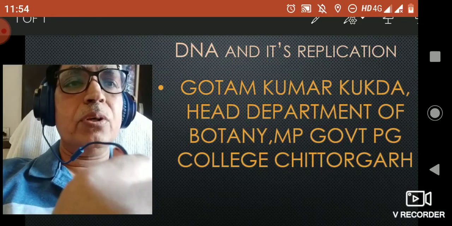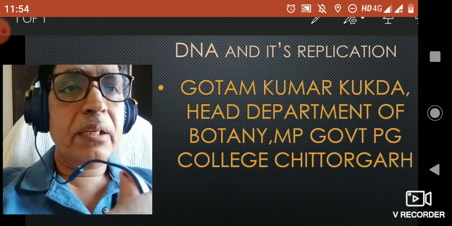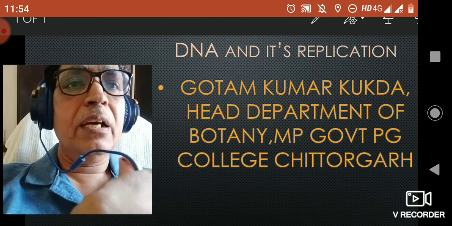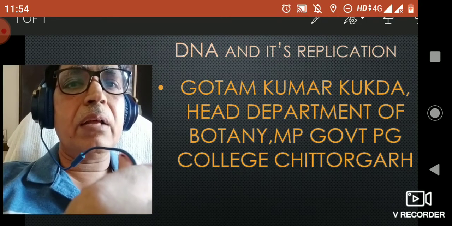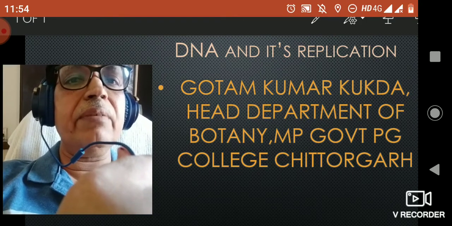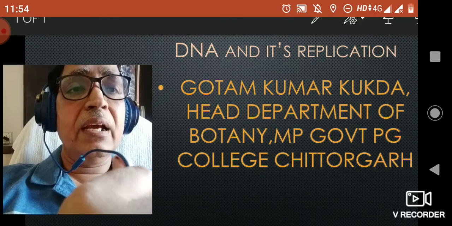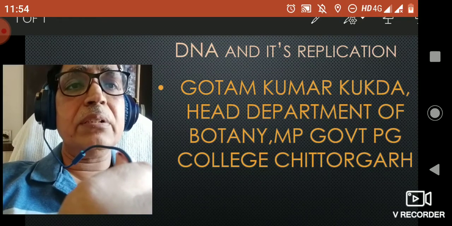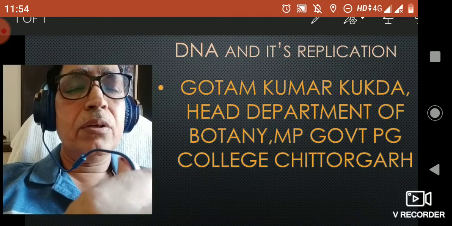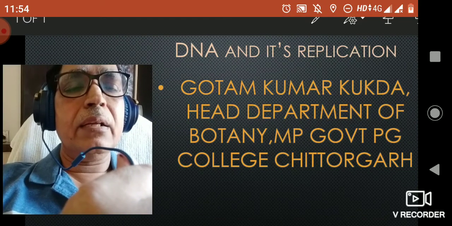So, during the cell cycle, the S phase, or you can say the synthetic phase, is the stage where DNA duplicates, because in a cell cycle there are four stages.